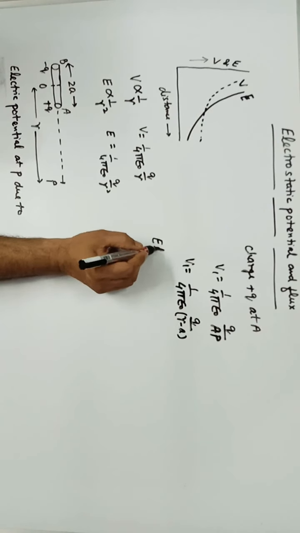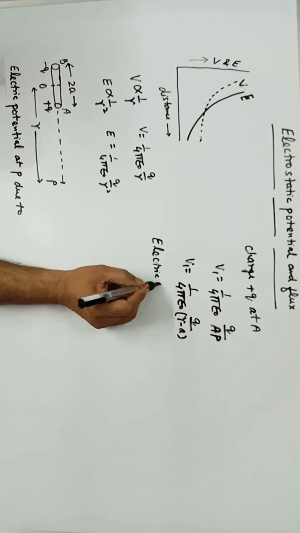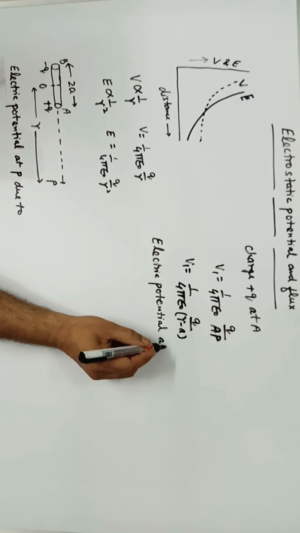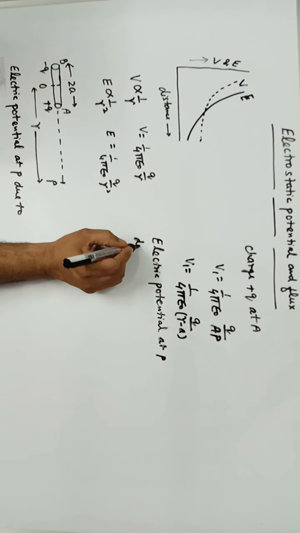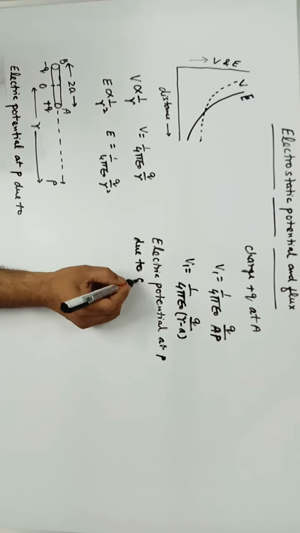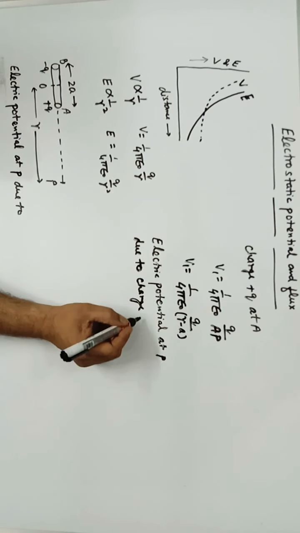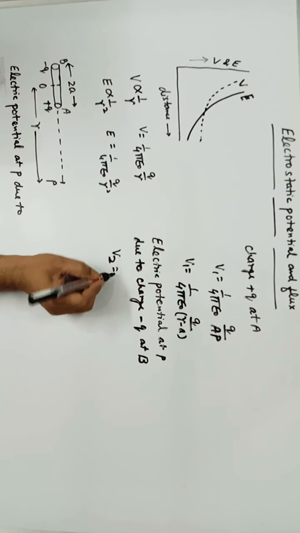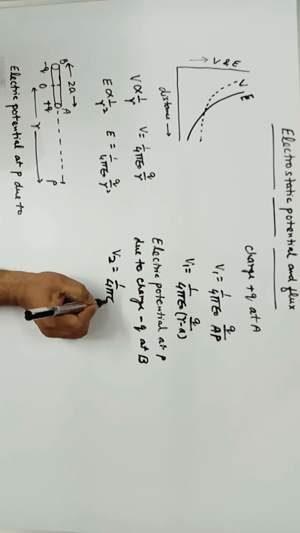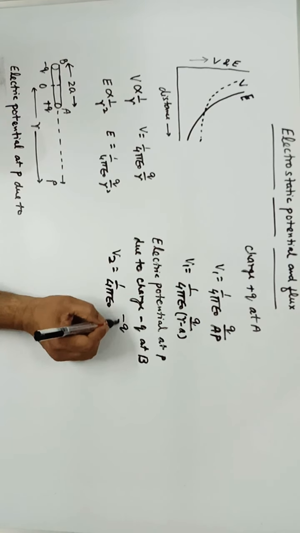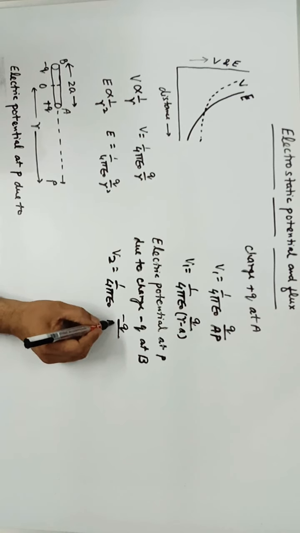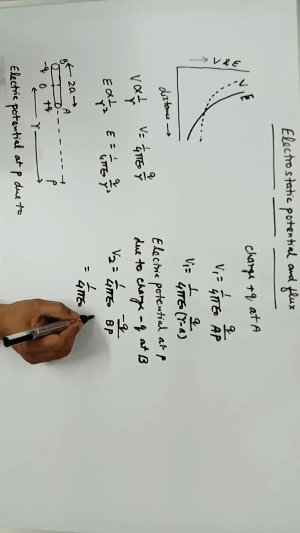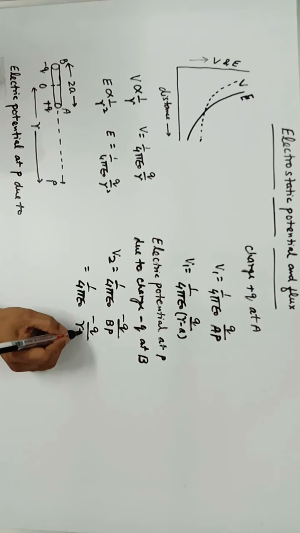Electric potential at P due to charge minus q at B. V2 is equal to 1 upon 4 pi epsilon naught minus q upon BP, which is 1 upon 4 pi epsilon naught minus q upon r plus a.